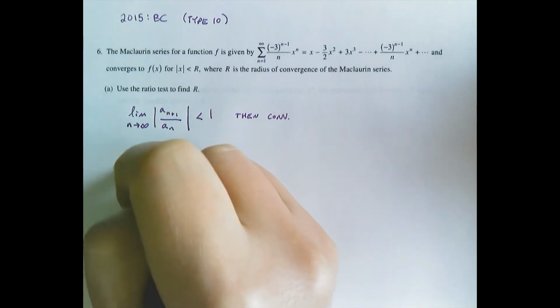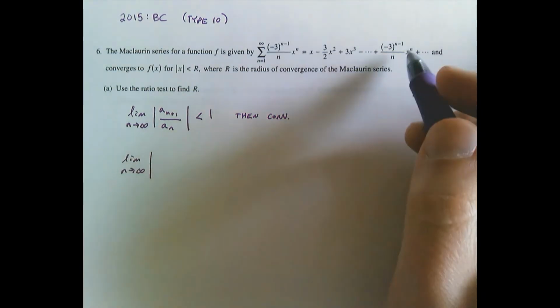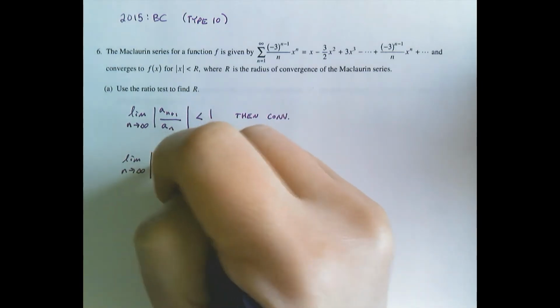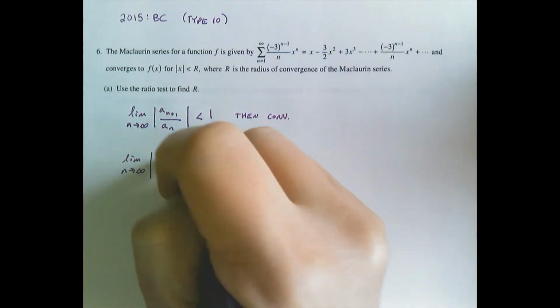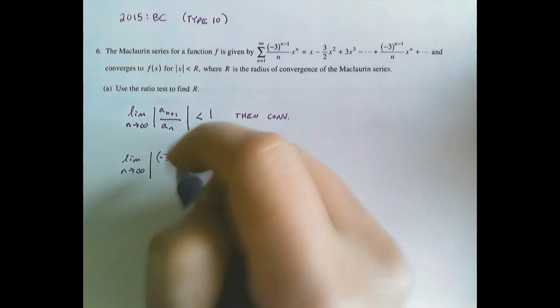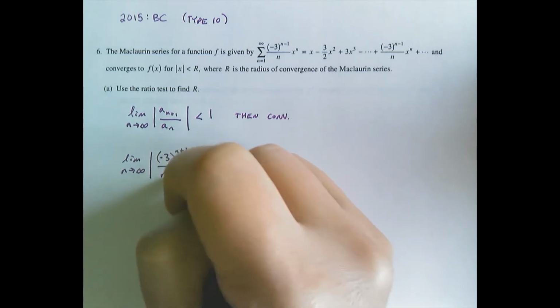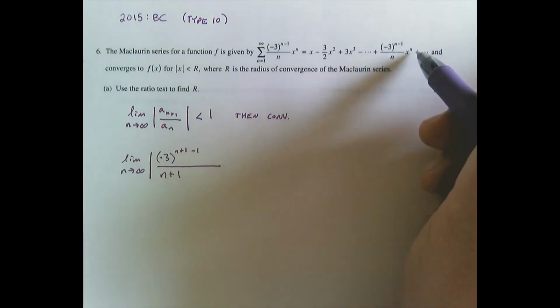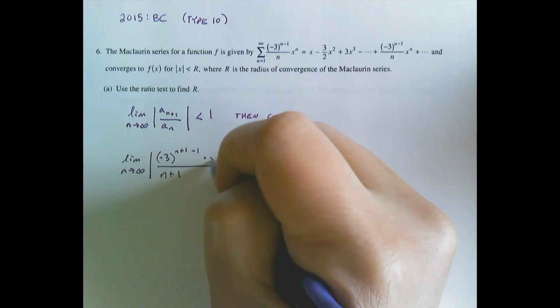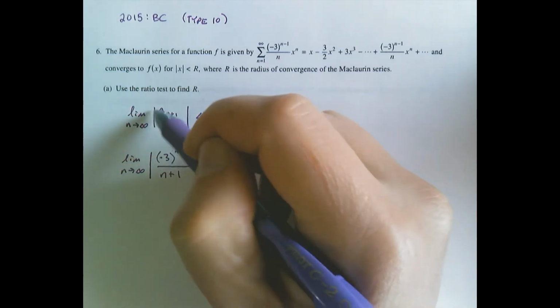So the limit as n goes to infinity of the n plus 1th term would be -3 to the n plus 1 minus 1 over n plus 1 times x to the n plus 1. So there's our n plus 1 term.